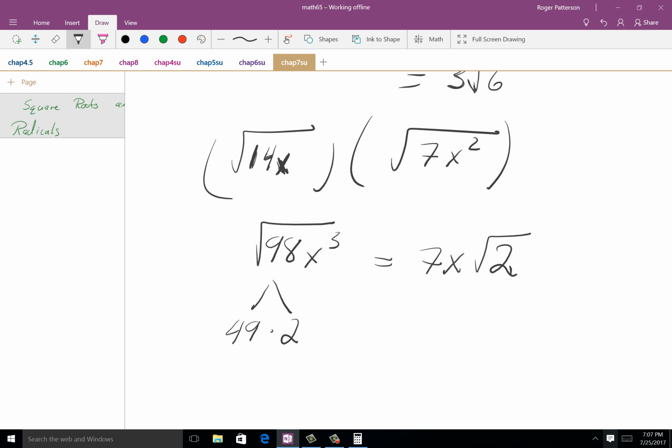With how much left over? 1. Okay, so that 2 goes into 3 once. That's why I have 1x there. 1 left over. That's why I have a leftover x in the radical. So we're going to multiply the numbers inside and then simplify.